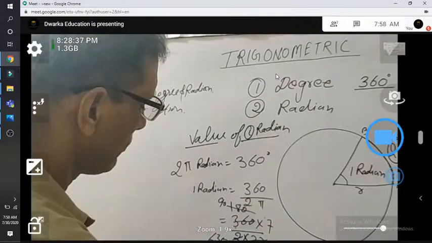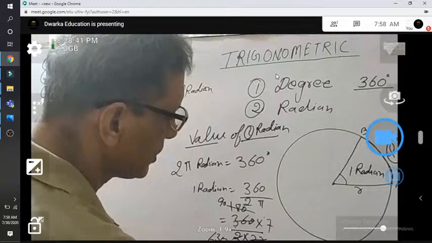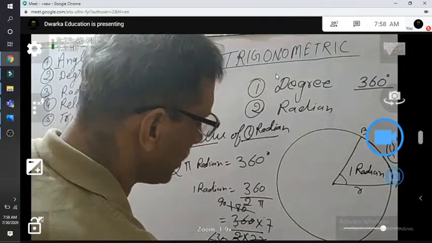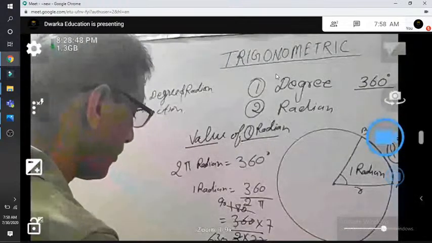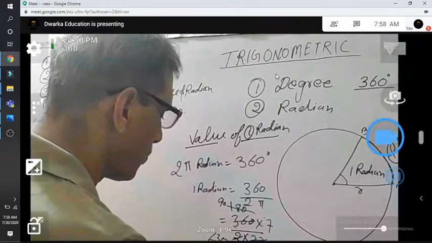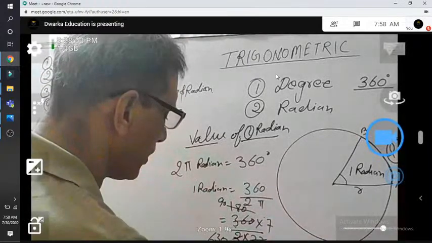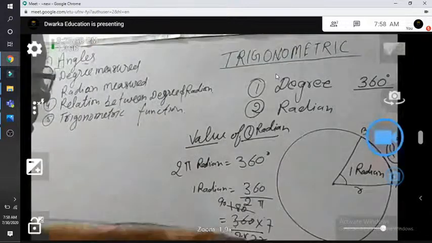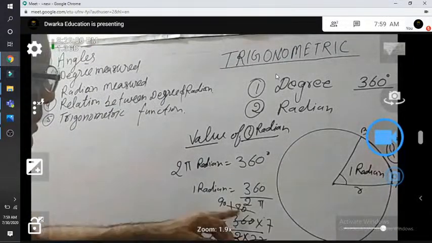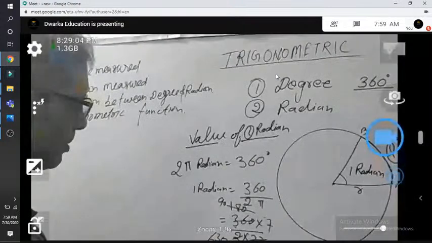We say 57.16. This is equal to 57.16 degree. This is equal to 1 radian. 1 radian is equal to 57.16 degree.